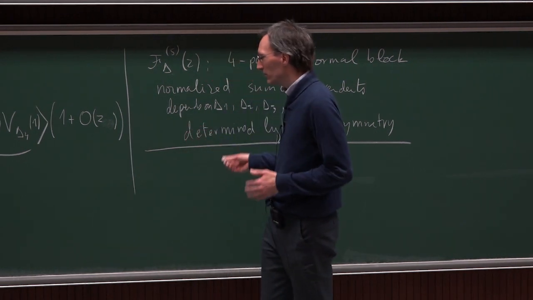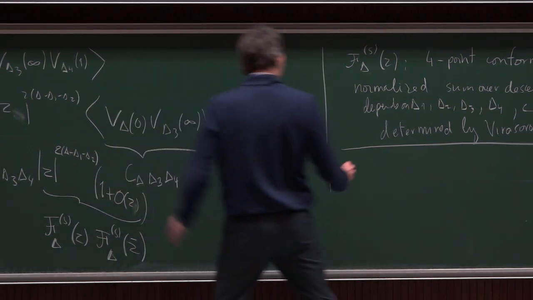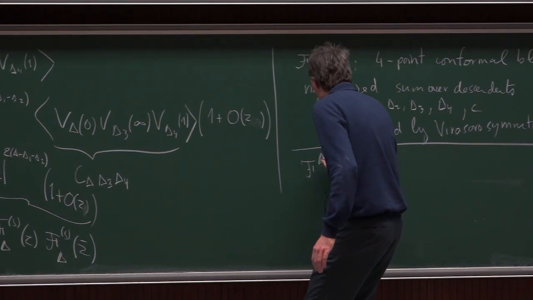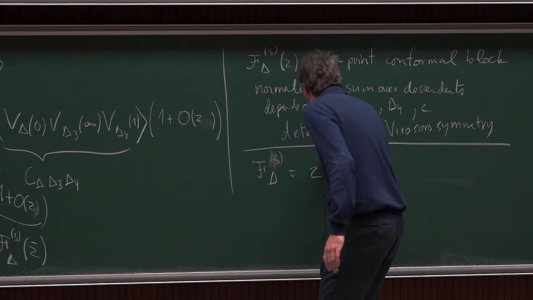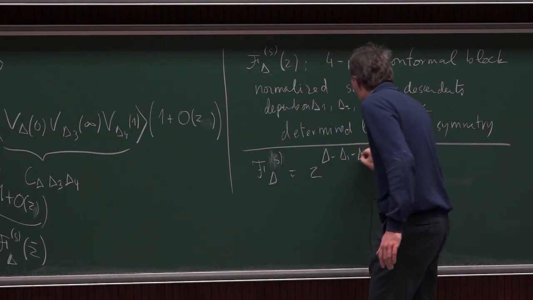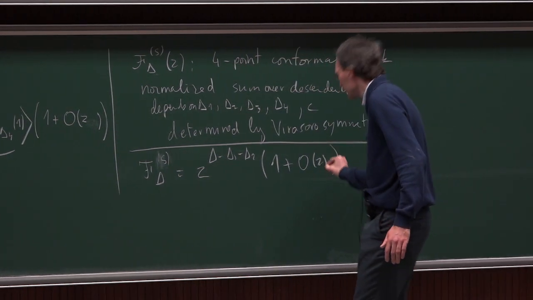Well, I will not give many properties, but the first property that we can see from the very definition is that it has to start with z to the power delta minus delta 1 minus delta 2. And then you have a power series in z.